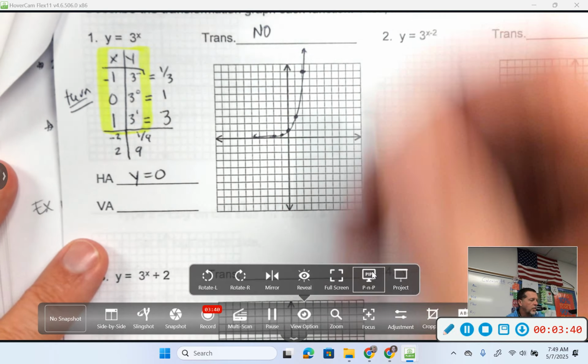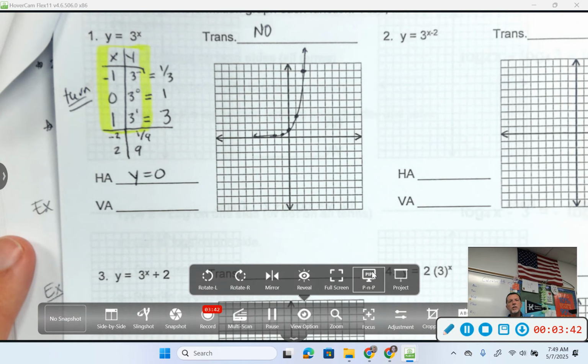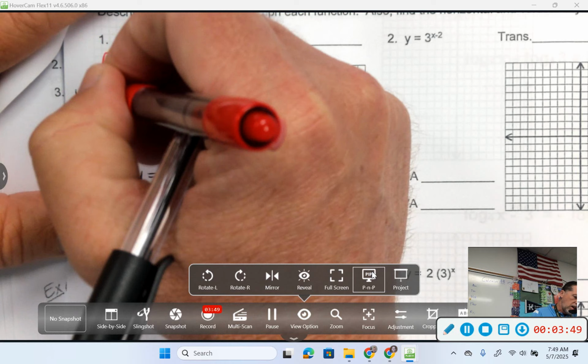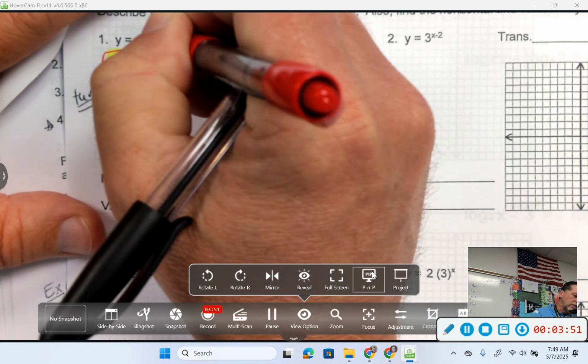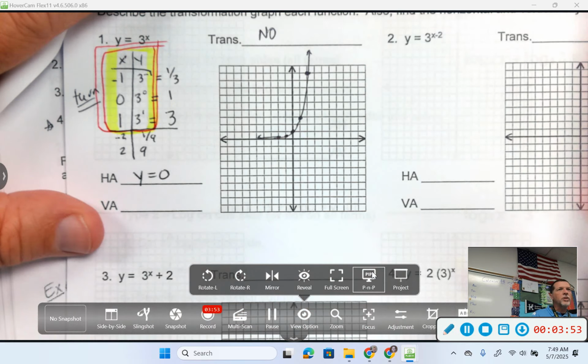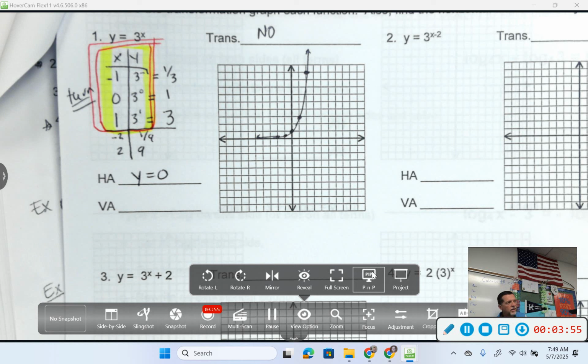No transformations on that one because that is the parent function. Just like a parabola is 1, 1, 2, 4. You could graph a parabola pretty quickly and easily based on those parent function points.